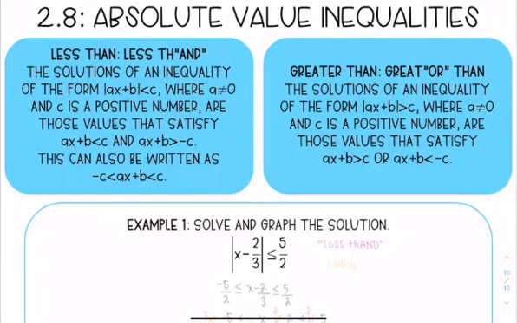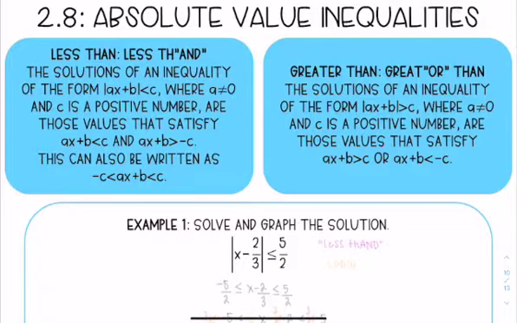In section 2.8, we talk about absolute value inequalities. For less than, I have an easy way to remember it, because this becomes a less than inequality. The solutions of an inequality of the form absolute value of ax plus b is less than c, where a is not equal to 0 and c is a positive number, are those values that satisfy ax plus b is less than c and ax plus b is greater than negative c.